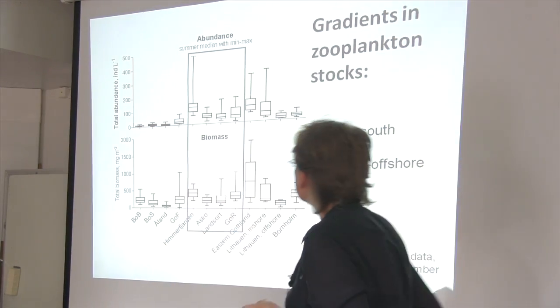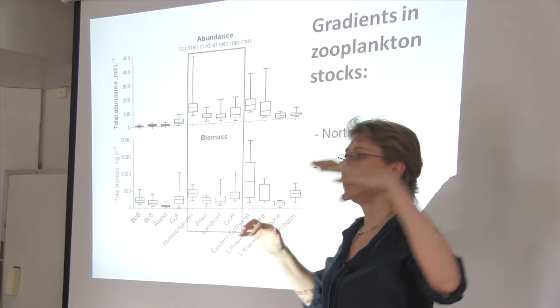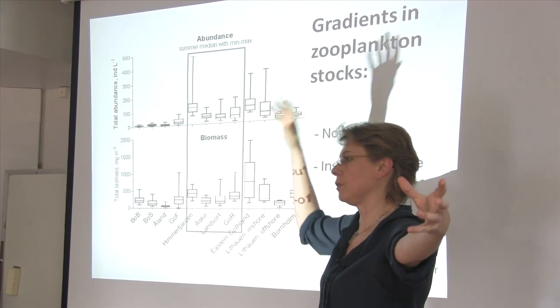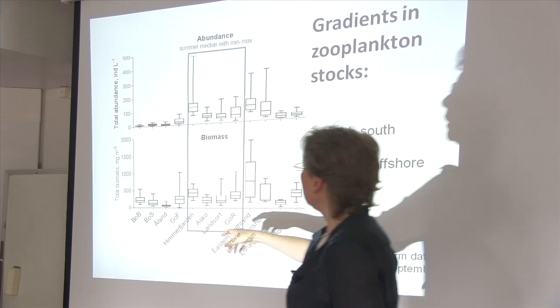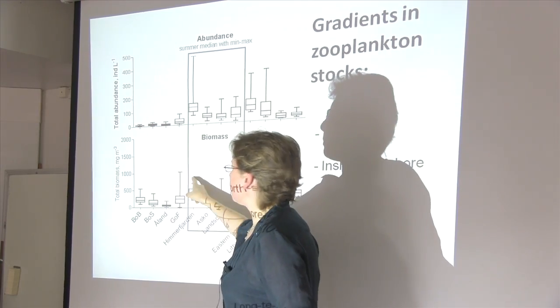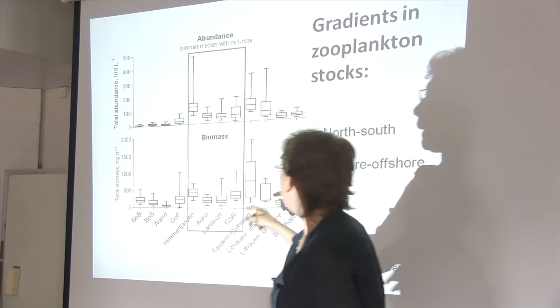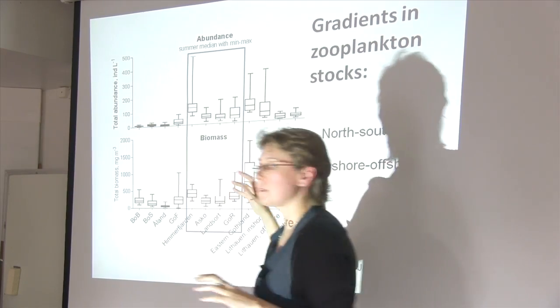Another thing that you can see here is a more or less horizontal gradient from the western Baltic to the eastern Baltic. Himmerfjärden, for example, represents the westernmost station in the Baltic Sea, and Gulf of Riga represents the easternmost station.